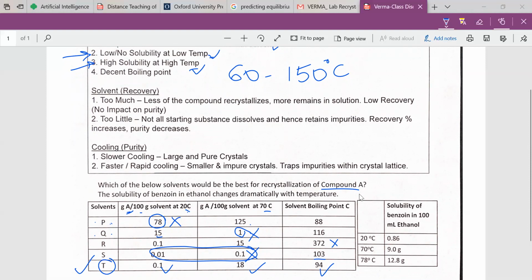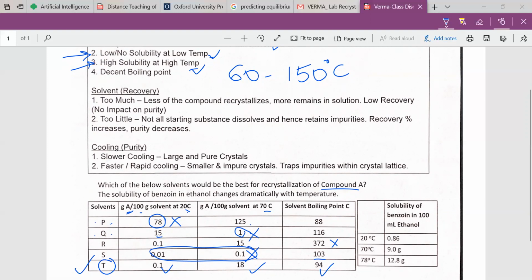For our compound benzoin, we chose ethanol for these very reasons. At low temperatures, the solubility of benzoin in ethanol is very low, but at high temperature, the solubility of benzoin in ethanol is high.